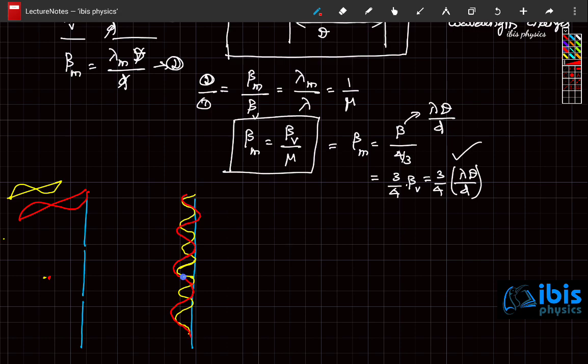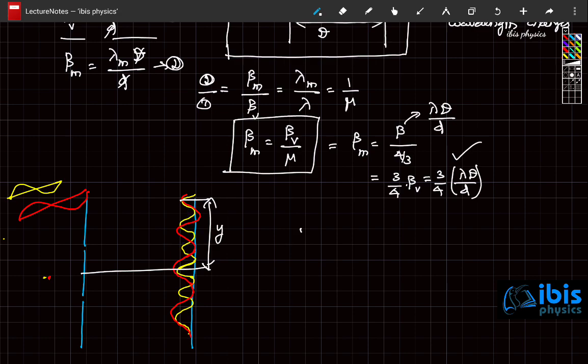They will be asking which bright fringe of yellow coincides with which bright fringe of red. When you look here, 1, 2, 3, the third yellow is coinciding with the second red. So the condition is, from the center, at this point where they coincide, both have the same y value, but the number of fringes is different.